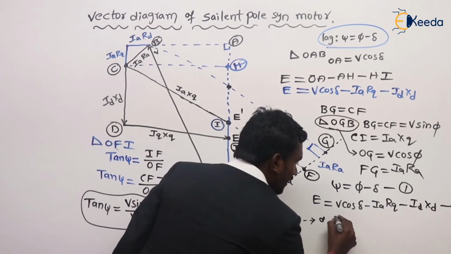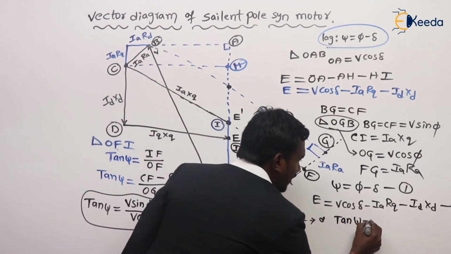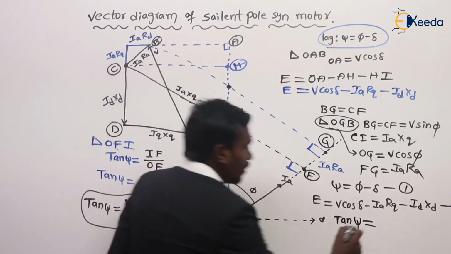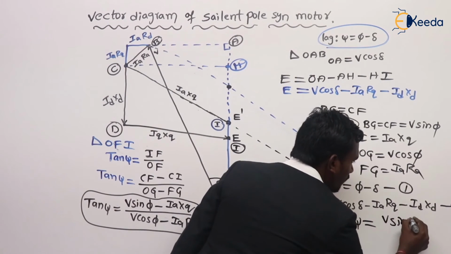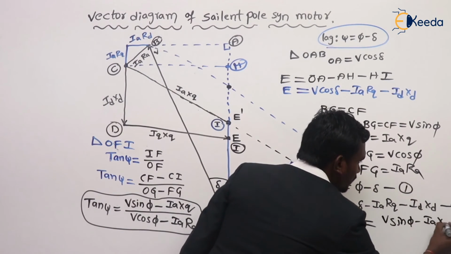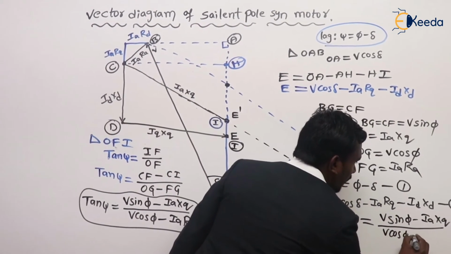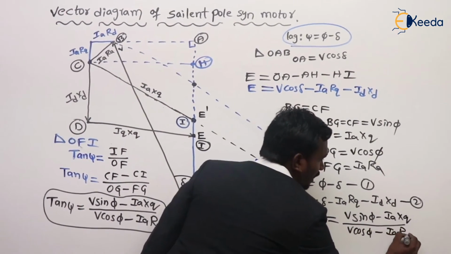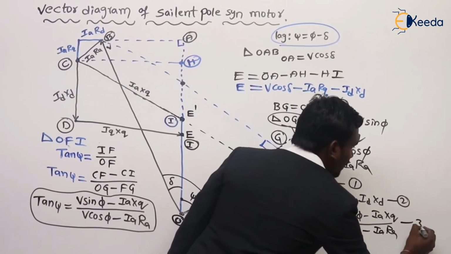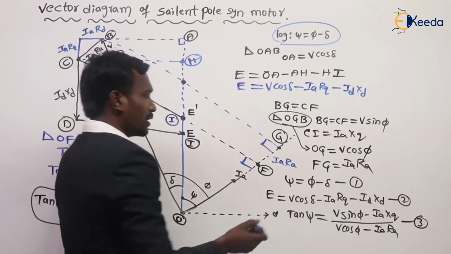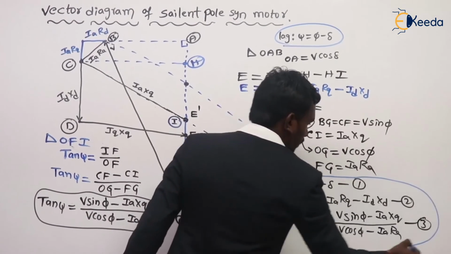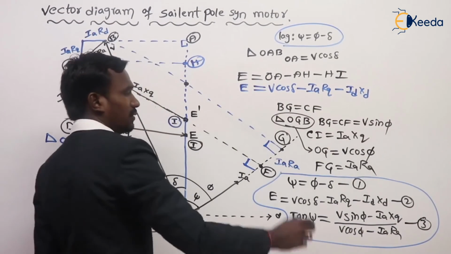And what is the third equation? Tan xi is equal to V sin phi minus IAXQ upon V cos phi minus IARA. This is the third equation. These three equations are important for our examination.